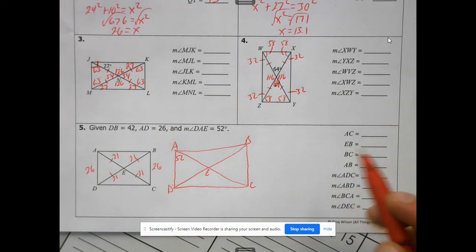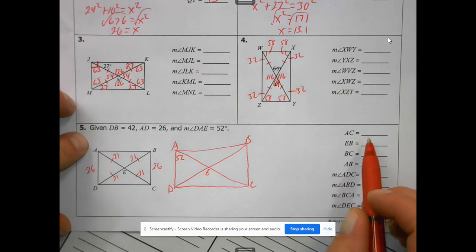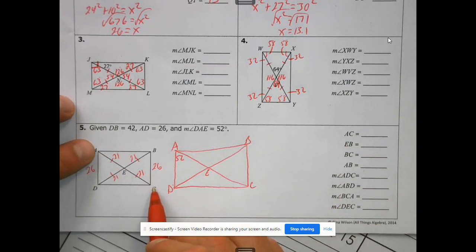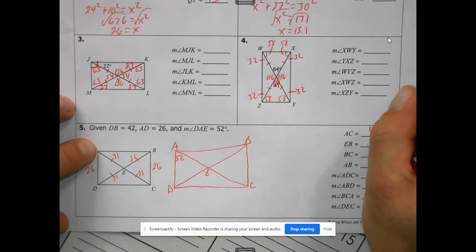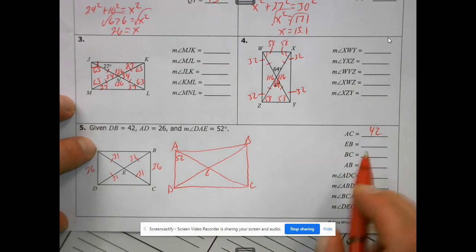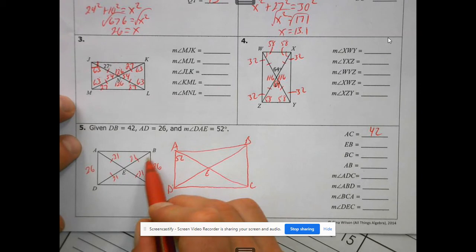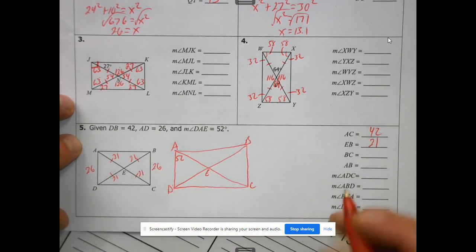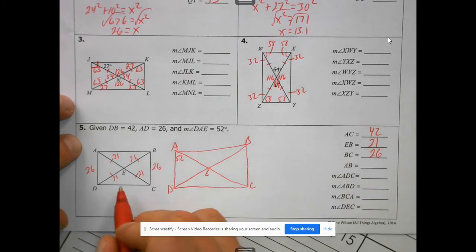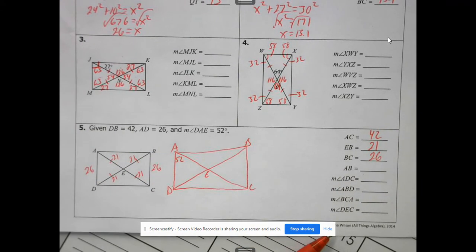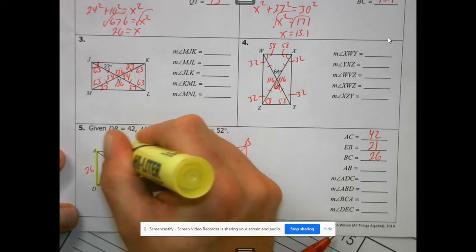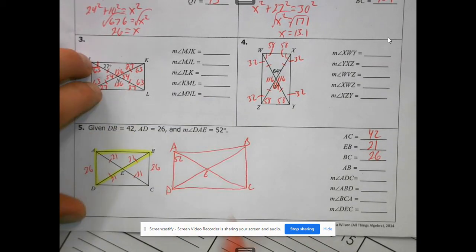All right, so let's do the sides first. First question wants AC. How long is AC? That's the diagonal right here. The whole thing would be 42. E to B, right there, 21. B to C, 26. A to B. All right, let's do a triangle, Pythagorean theorem. They want to figure out how long is it from A to B?